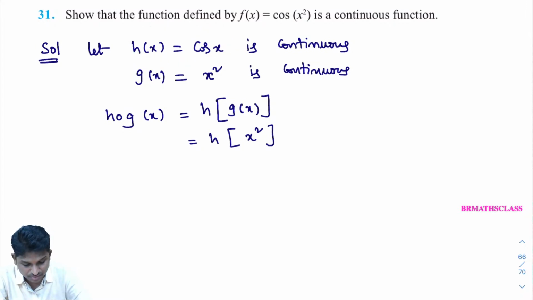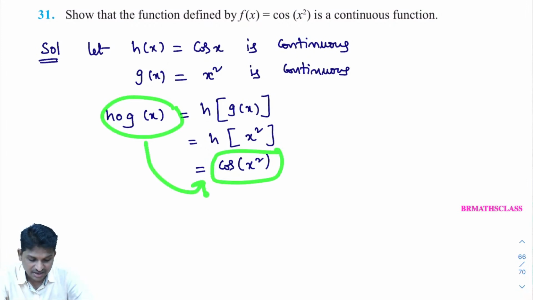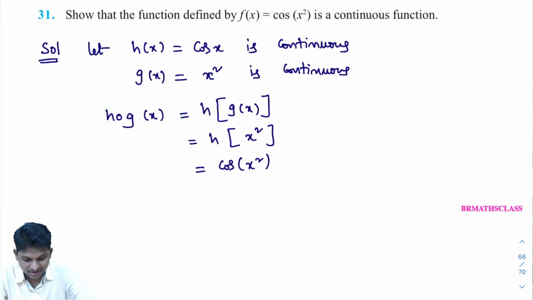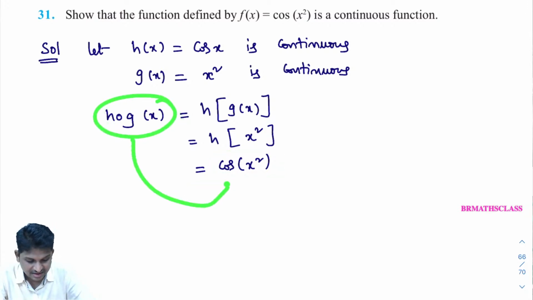For the function we are looking for, we got the same function. In case you didn't get it, then we will calculate g circle h. Here luckily h circle g of x is cos of x square only. I hope you are understanding. So h circle g of x is cos of x square.